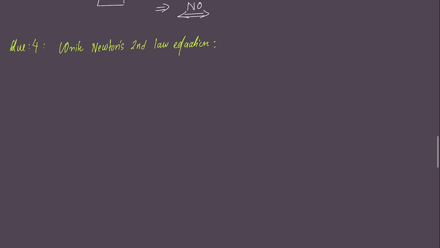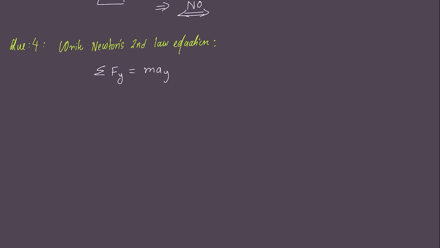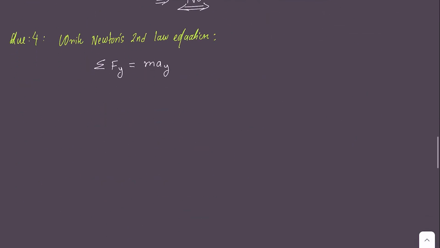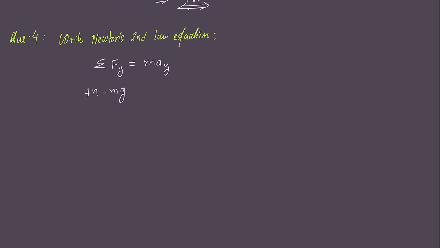The Newton's second law equations would be this. Summation of Fy will be m ay, and it's not going to change, because in this case we still have just two forces, normal reaction and mg. So this is going to be plus N minus mg, and this is not moving in the y direction, so that is 0. That's the first equation.